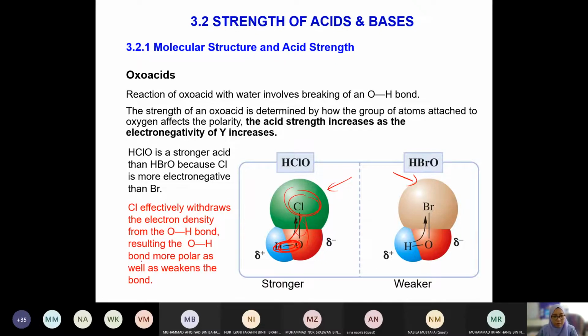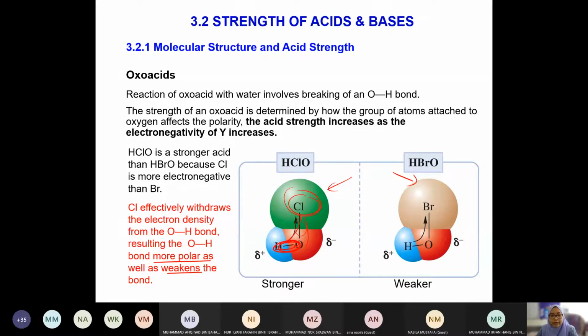So the bond become more polar, and this also bila the electron density being withdrawn ataupun being pushed to the most electronegative atom, this also weaken the bond, melemahkan bond tersebut. Okay, dia melemahkan bond tersebut.